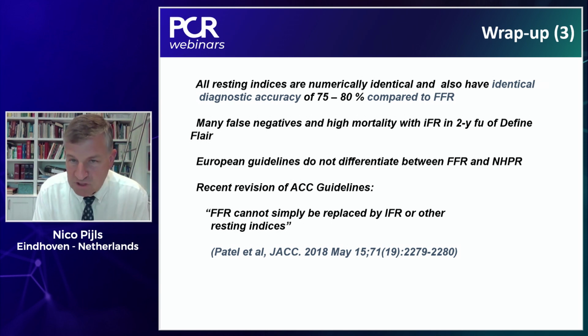That there are many false negatives, at least 20 to 50%, and a high mortality with iFR at 2-year follow-up of DEFINE-FLAIR. And be aware that the European guidelines do not differentiate between FFR and NHPR. So if you leave out hyperemia, you're not violating the European guidelines. You are violating the ACC guidelines, which have been revised and state now that FFR cannot simply be replaced by iFR or other resting NHPR.